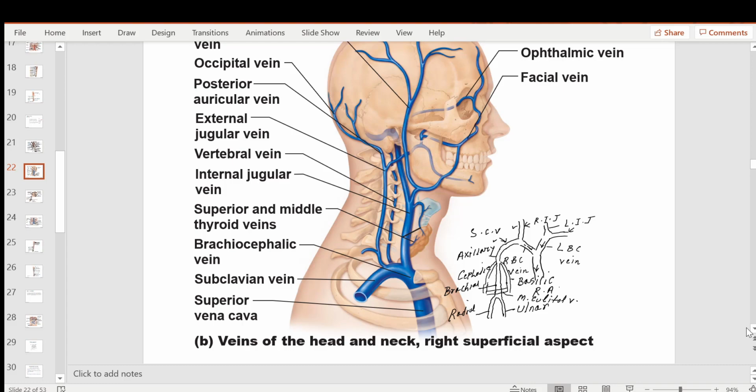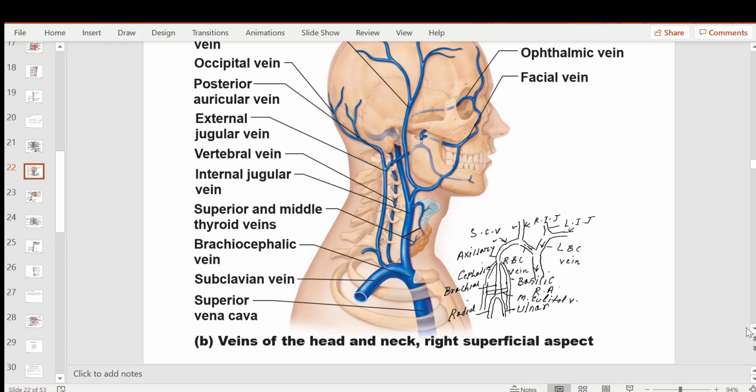Okay, and then the cephalic and basilic go down to the forearm, and from the basilic I said that the median antebrachial vein is formed, and then they go to the hand, and in the palm two arches, superficial and deep palmar arches, and from those arches we get the digital veins for the fingers. Okay, so that is the upper limb.